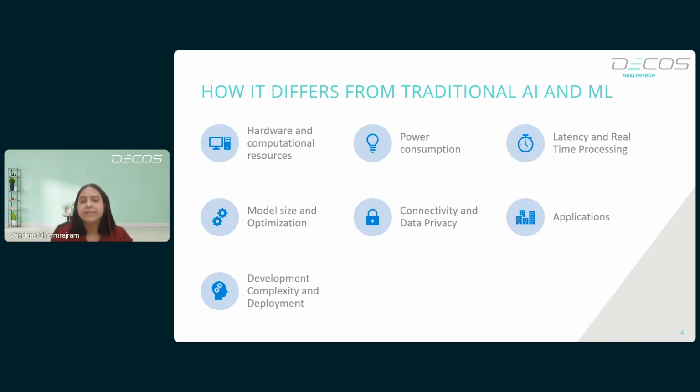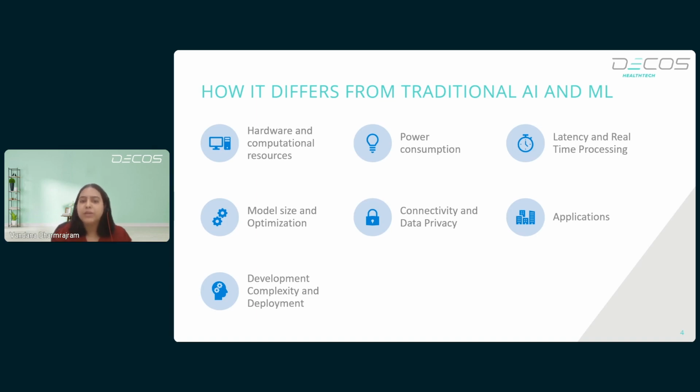Next difference is in connectivity and data privacy. TinyML processes data locally on the edge device, enhancing privacy and reducing reliance on the internet, while the traditional AI/ML model requires cloud or server-based processing, which may raise privacy concerns and increase data transmission cost. Next difference is in application.